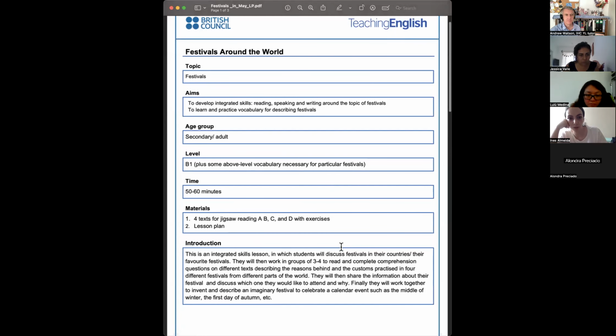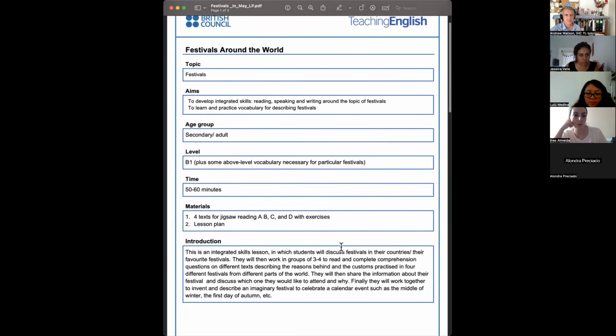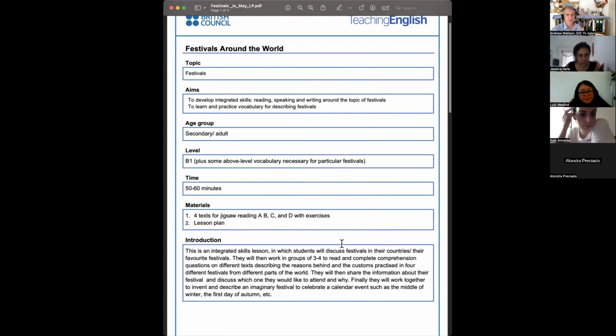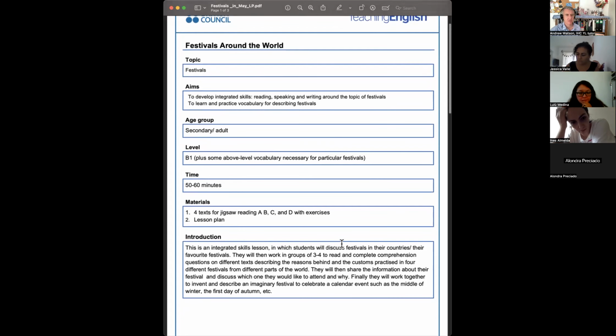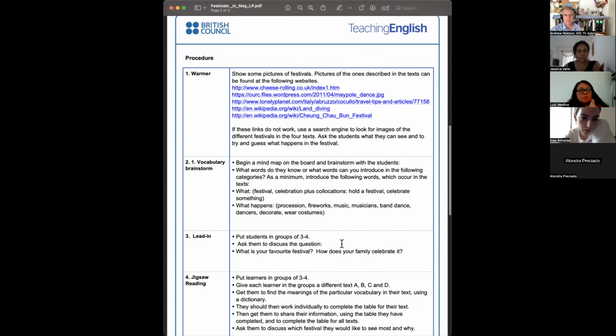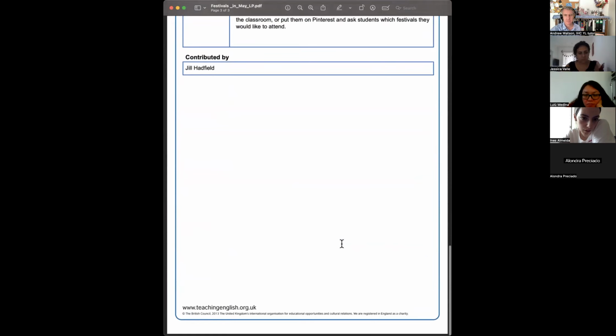Festivals. The aims are to develop integrated skills, reading, speaking, and writing around the topic of festivals. So learn and practice vocabulary for describing festivals, okay? So have a read through this lesson plan, first of all.